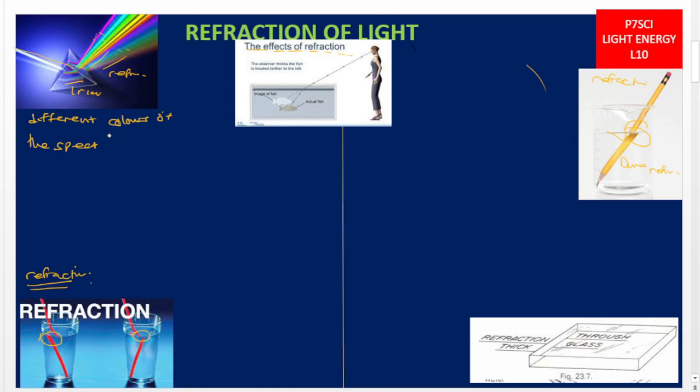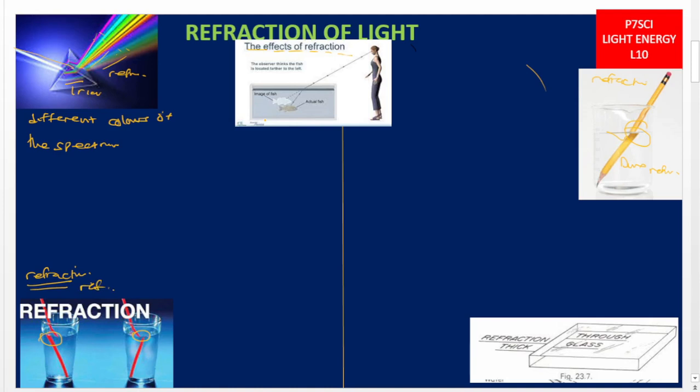Now we've said production of the spectrum here, and here we are saying a pencil, a ruler, a stick, a straw, when put in a glass of water, appear to be broken, or appear shorter than their actual sizes, simply because of refraction of light.